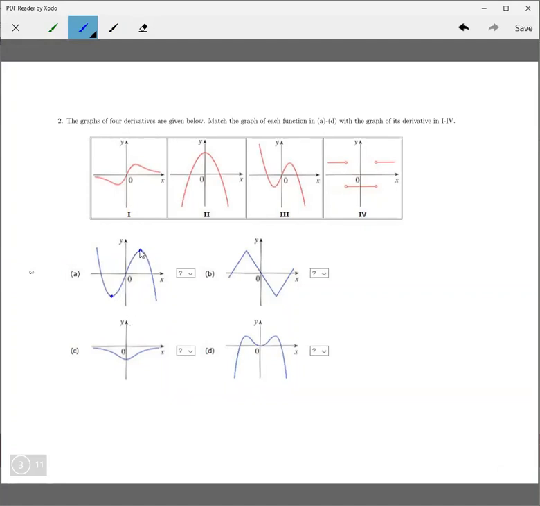So that means we look for something where the derivative is 0 at both of those places. This function will do it. This function does it. This one doesn't, because maybe here and here, but then I've got this other 0 in the middle, but the derivative is not 0 there. Okay, so this is really the only function that can work for A. So that's got to be 2.